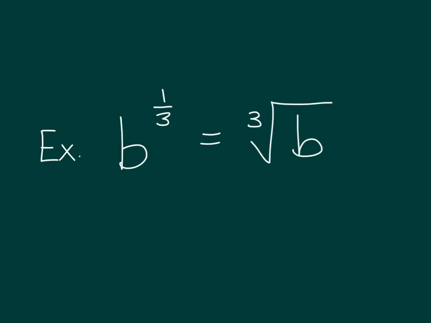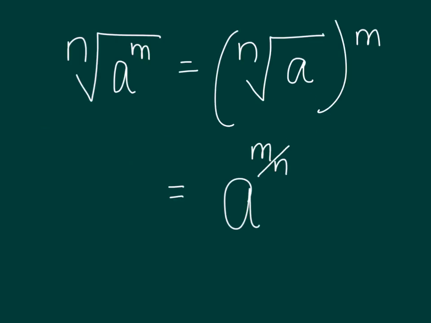B to the 1/3 is equal to the cube root of b. Okay, so here's just seeing it in pure letters, so pure variables. You have the nth root of a to the m power is equal to, you see it here, the nth root of a with the m on the outside, which equals a to the m over n.